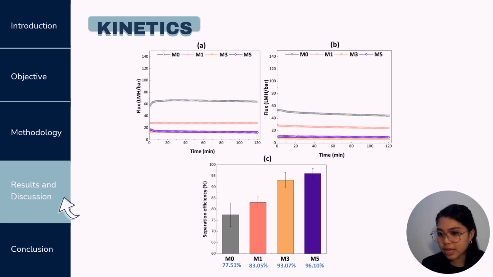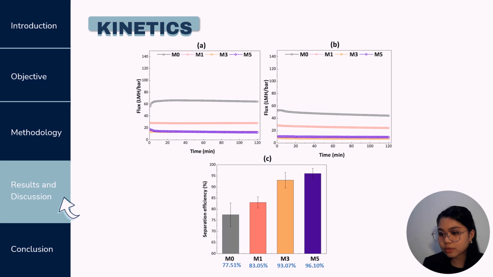For figure A, we can see that generally M0 has a high pure water flux, and then eventually as the concentration of the coating increases, the flux decreases, and same goes with the tetracycline, but in here we can see that the flux is much lower than that of the pure water flux, and this can be deduced from the presence of tetracycline molecules, which can hamper the existing pores and thereby reduce the permeability of the membrane.